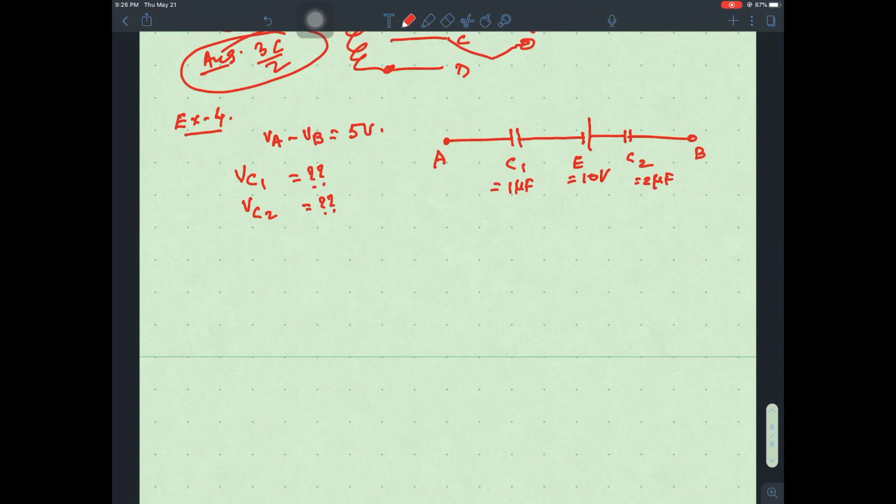Now here you should understand in a proper way how to solve this question. In order to solve it, I am considering a point here, that is X, and a point here, that is Y. So this battery, this is plus and this is minus. What is the difference between a battery and a capacitor?